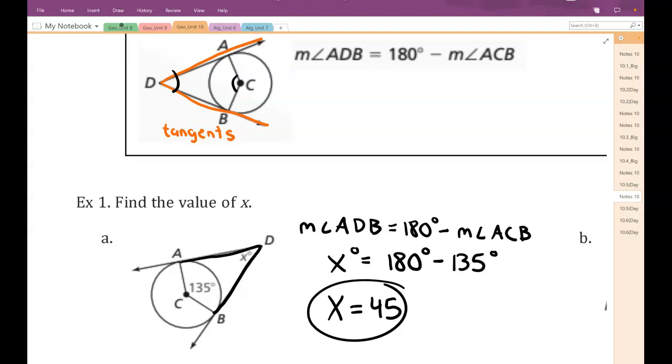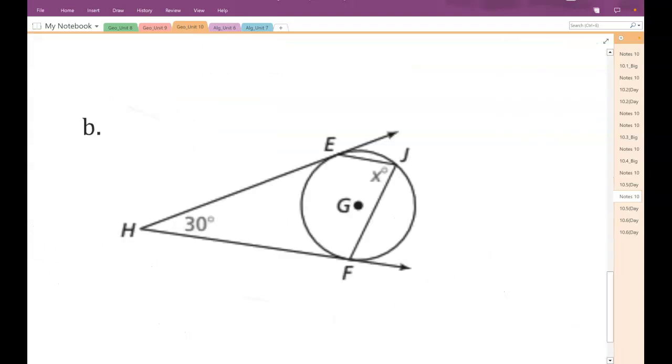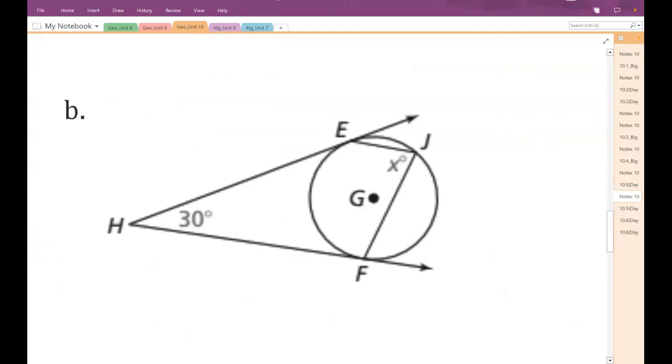Next example, it's an inscribed angle, so we have to do kind of like a jump in our logic and connect some things together. So as we start, I just want us to ignore this angle on the outside to start.